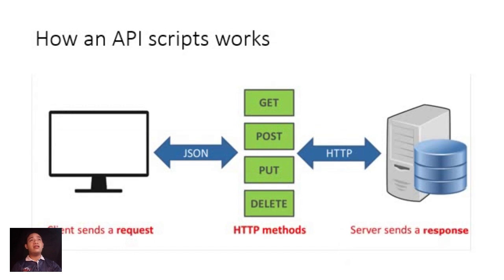Next is how an API script works. This diagram represents a client, like your computer or an app, communicating with the server. The client sends a request to the server using different HTTP methods like get, post, put, or delete. The server processes the request and sends back a response.